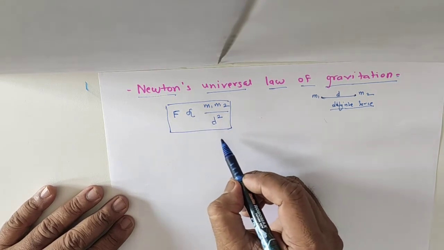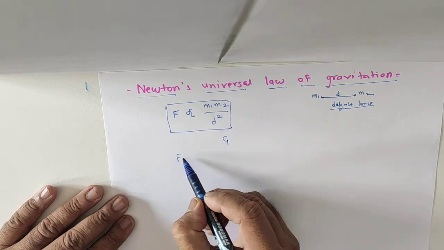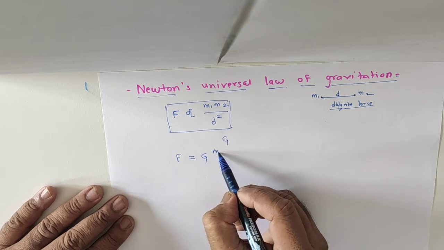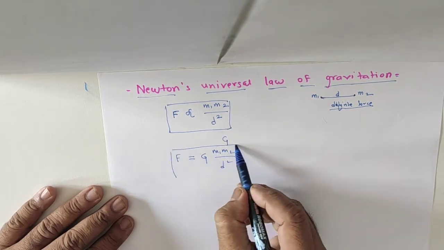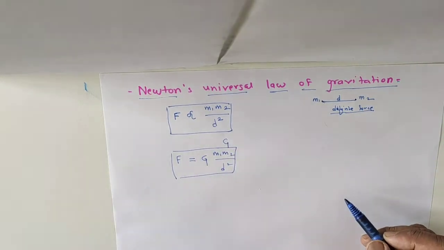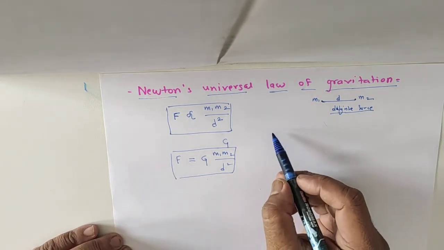Also, taking this proportionality constant as G, we can write this expression as F is equal to G m1 m2 upon d square. This is the universal law of gravitation, Newton's universal law of gravitation.